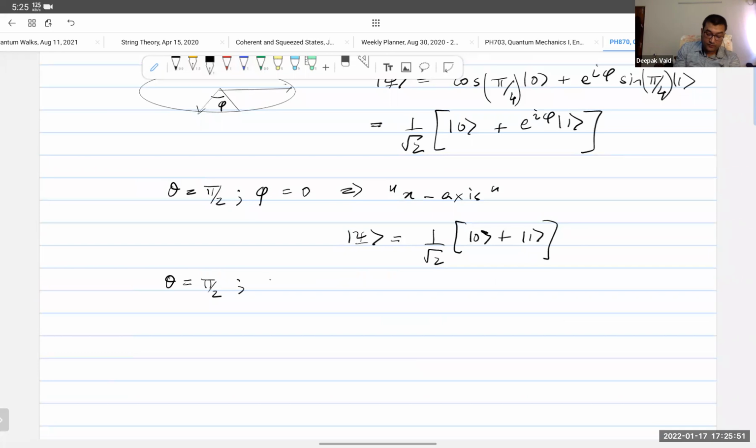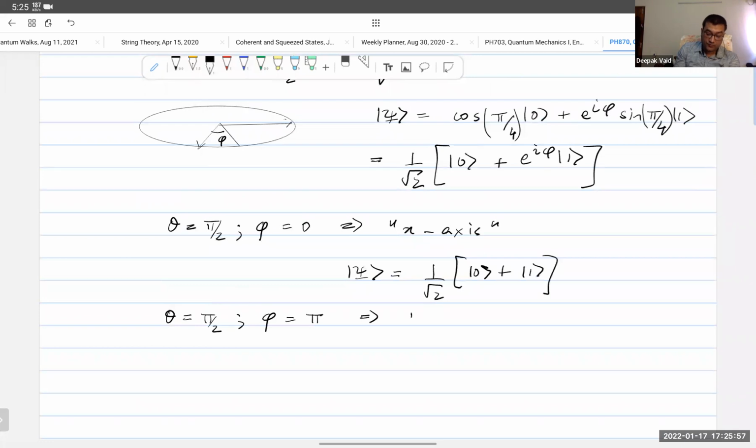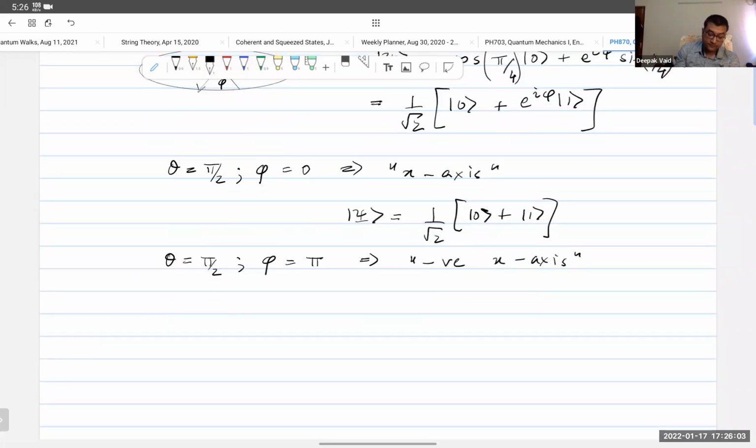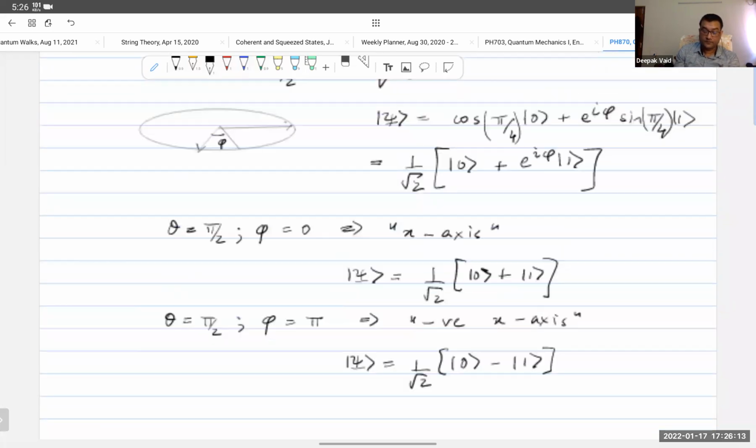Theta is equal to pi by 2, phi is equal to pi, right? So this corresponds to the negative x-axis. What is psi? Psi is 1 by root 2, |0> minus |1>. Okay.